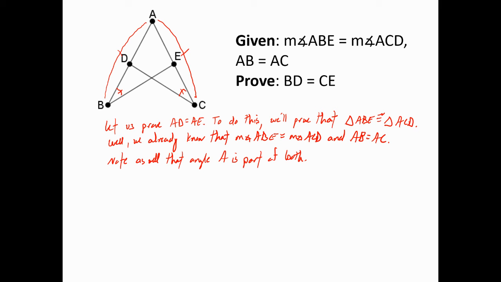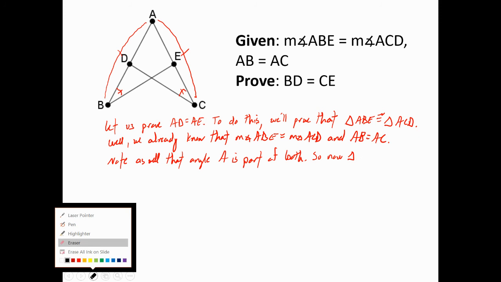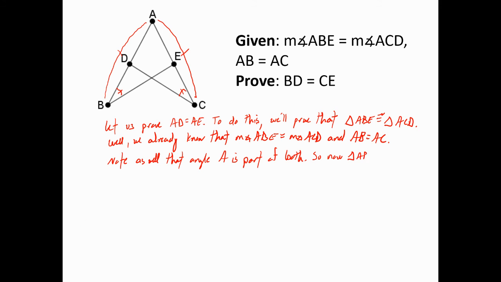That's just the nature of paragraph style proof. So now here we can say that triangle ABE is congruent to triangle ACD by SAS.